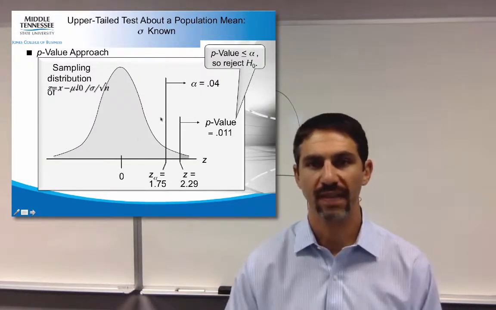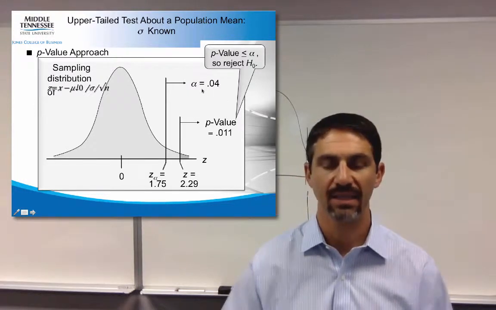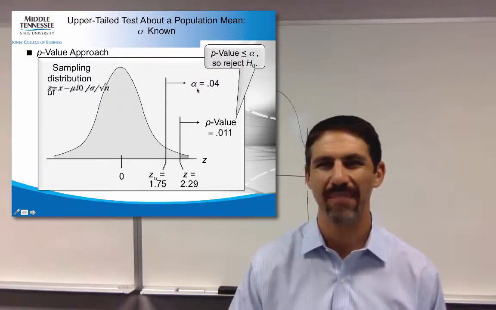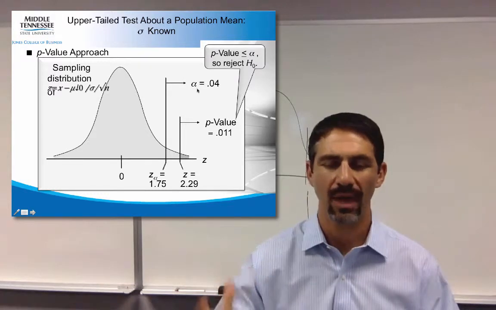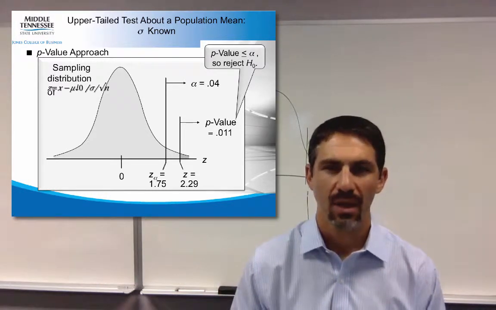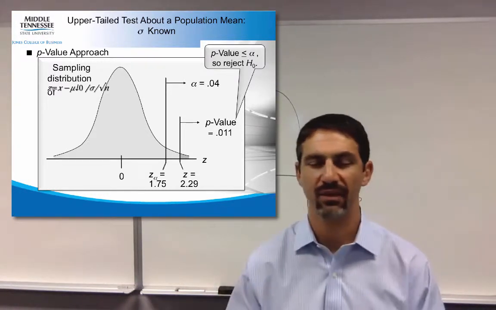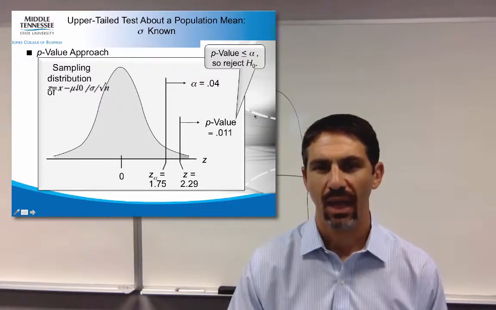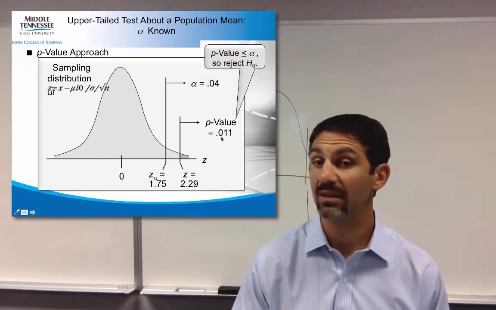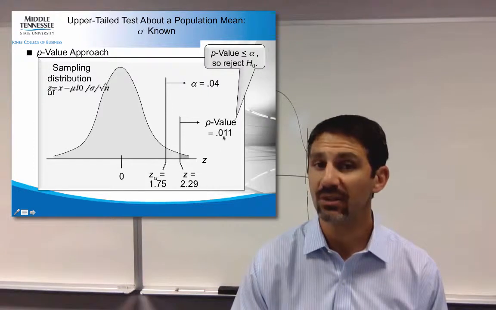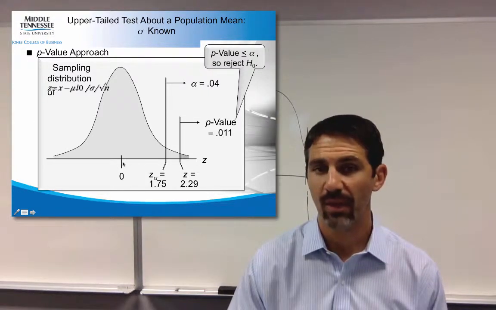Over here, if I said my significance level is 0.04, that's kind of my point where I would say significant difference or not. And if I have a p-value of 0.011, then yeah, that's extremely small and pretty far away from the mean.